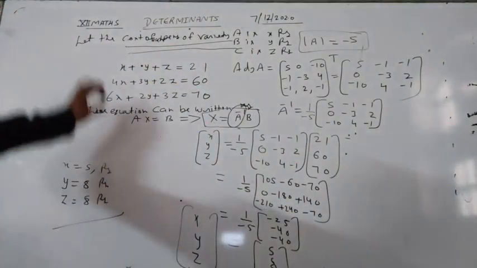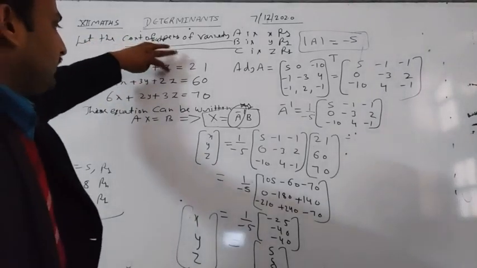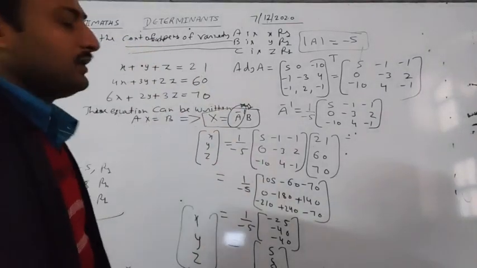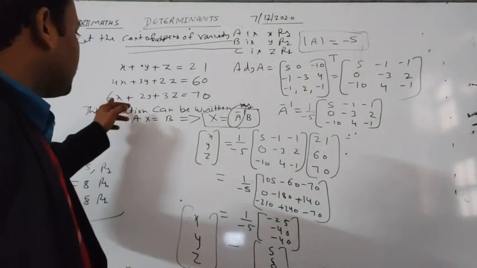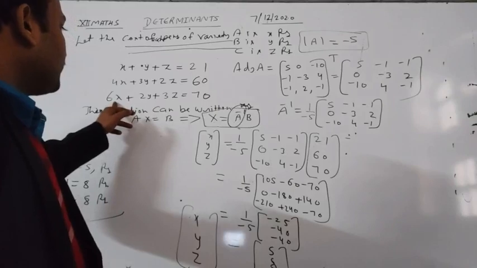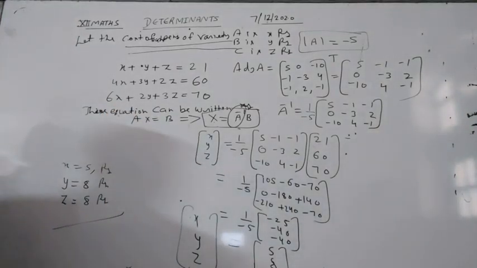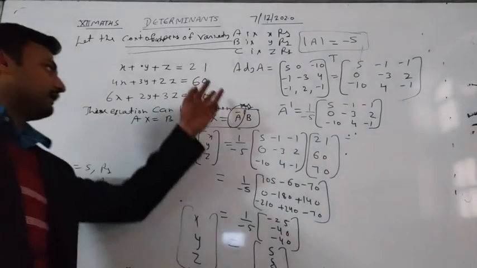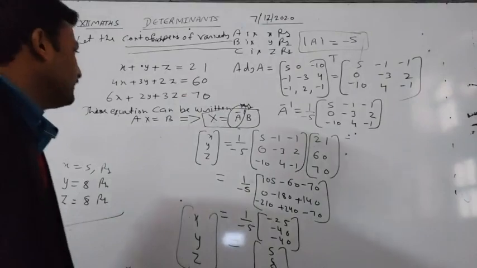Variety A is 4 pens, variety B is 3 pens, variety C is 2 pens, and the cost of this is 60. And the third condition is the cost of 6 pens of variety A, 2 pens of variety B and 3 pens of variety C, and its total cost is 70 rupees. So we made these 3 equations from here.